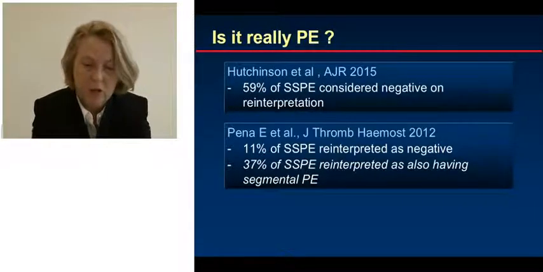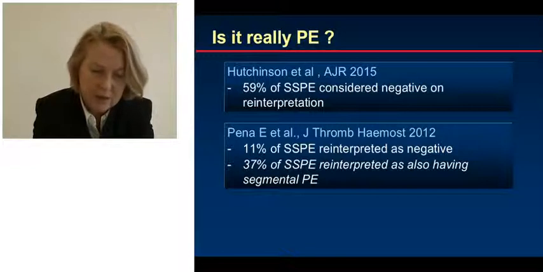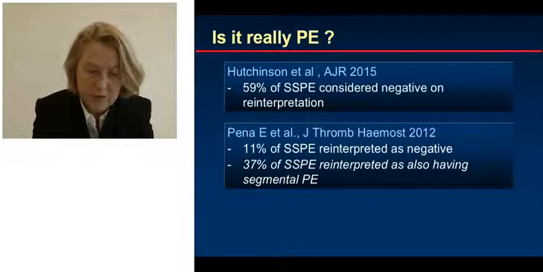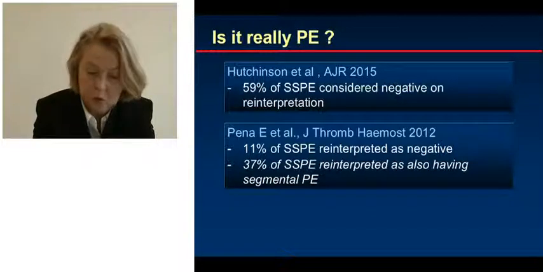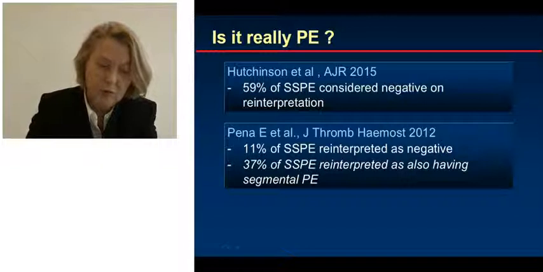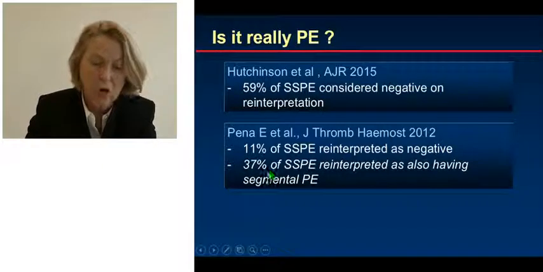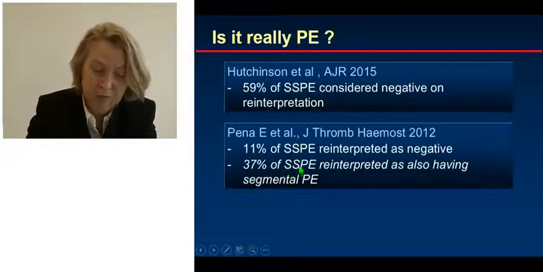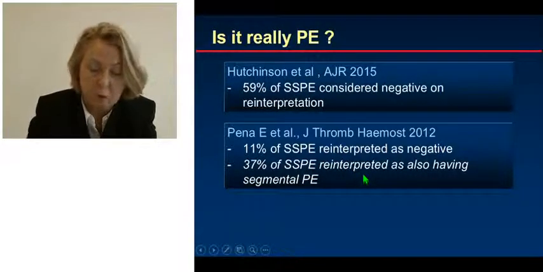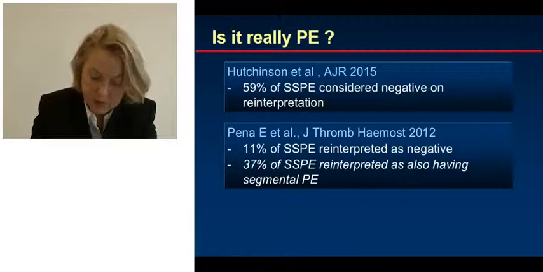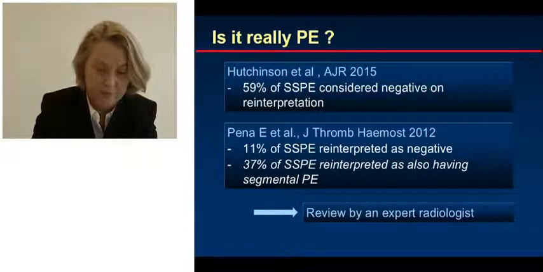Other studies actually find similar results; one reported in AJR in 2015 said that 60% of subsegmental pulmonary emboli were considered negative by reinterpretation, or another study reported that a substantial amount of so-called peripheral subsegmental pulmonary emboli had to be reinterpreted and actually were found to have also more centrally located segmental pulmonary emboli.